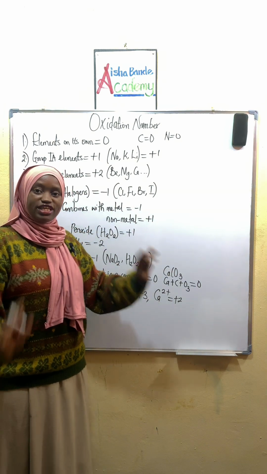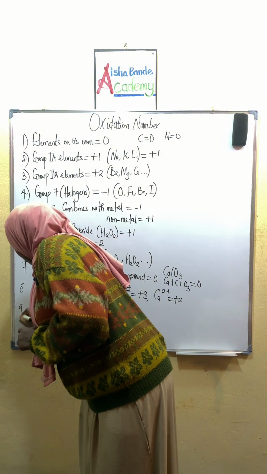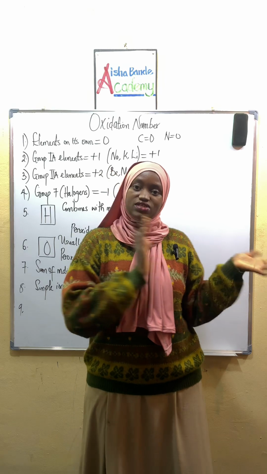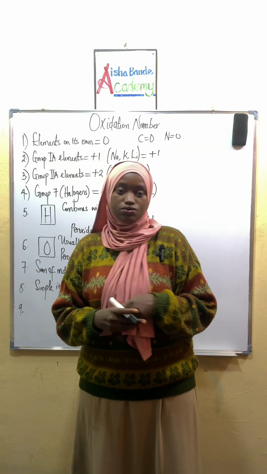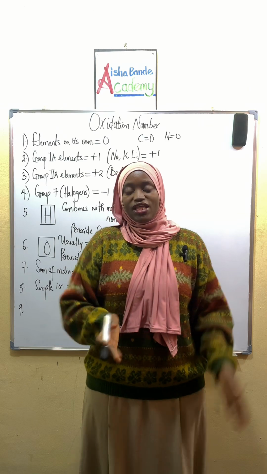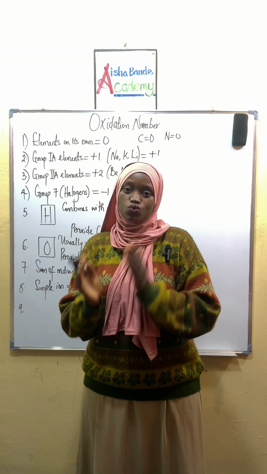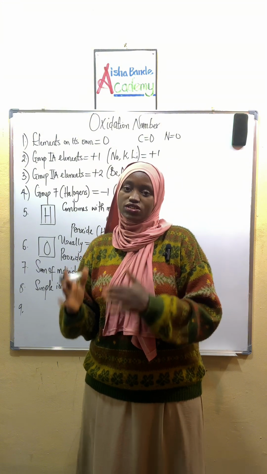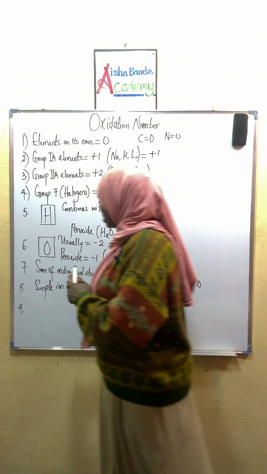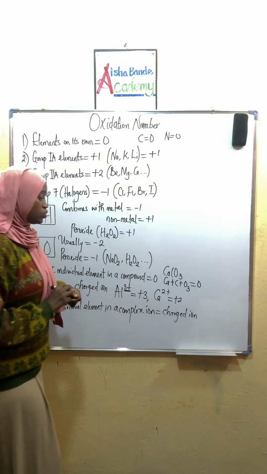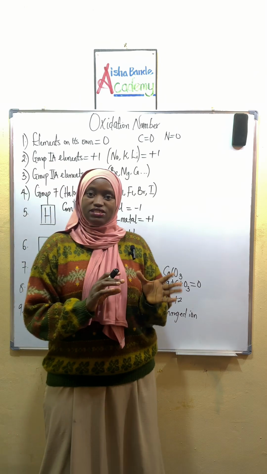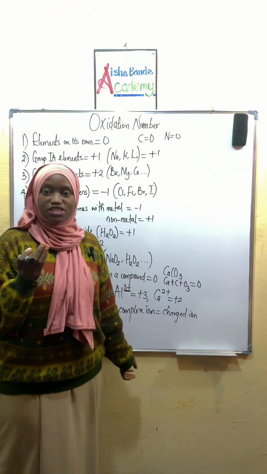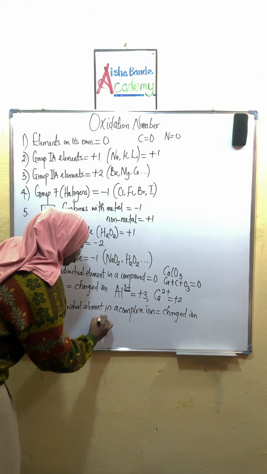Okay? So rule number 9 states that for a complex ion, we have the simple ion, we also have the complex ion. For the complex ion, the sum of its individual elements is equal to the charge on the ion. So let's put this in writing. An example of a complex ion is MnO4-.